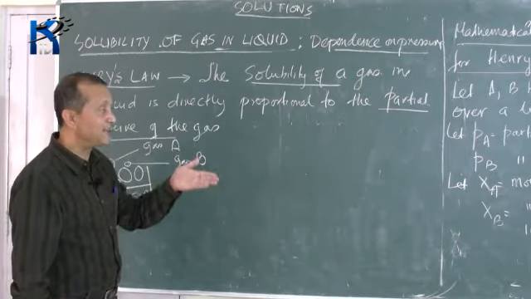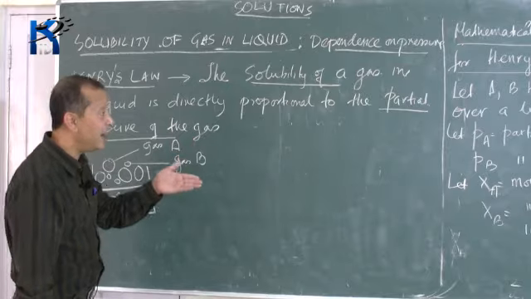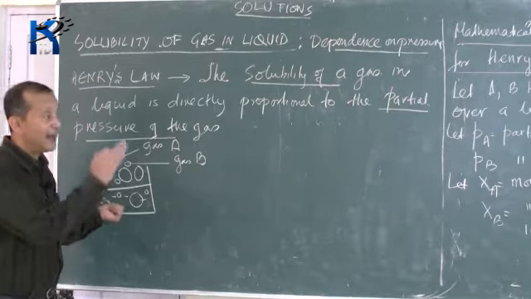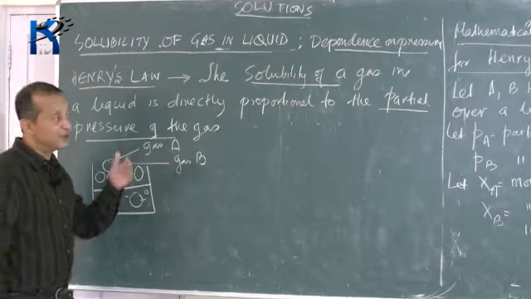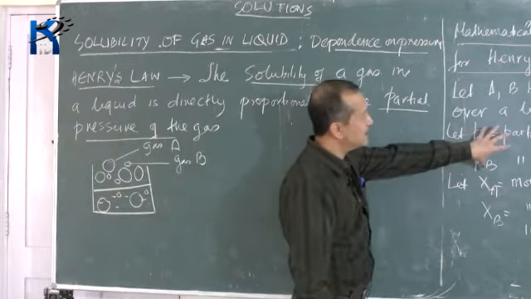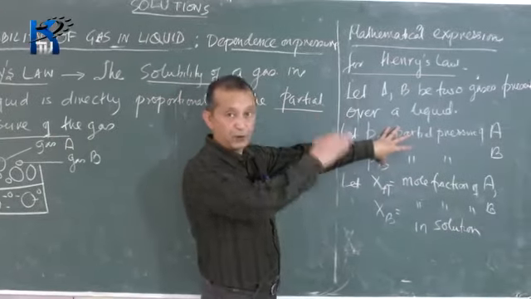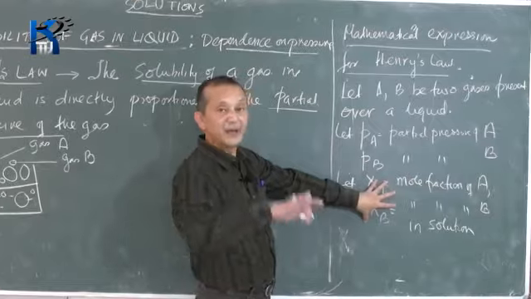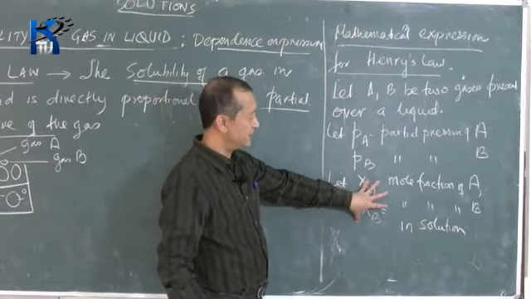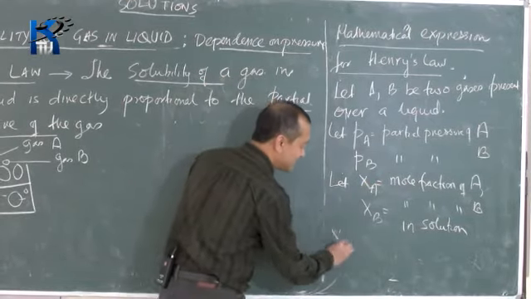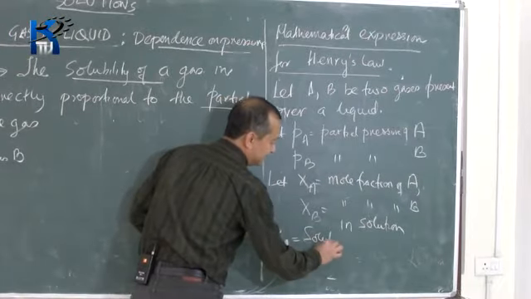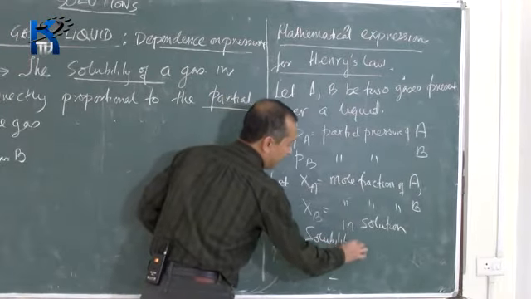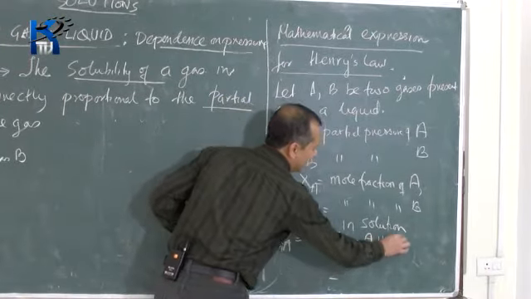So what are XA and XB? XA is the mole fraction of A in the solution and XB is the mole fraction of B in the solution. You should keep this in mind, that this represents the gaseous portion and this represents the liquid portion, the solution part. Therefore XA is the solubility of A in liquid.